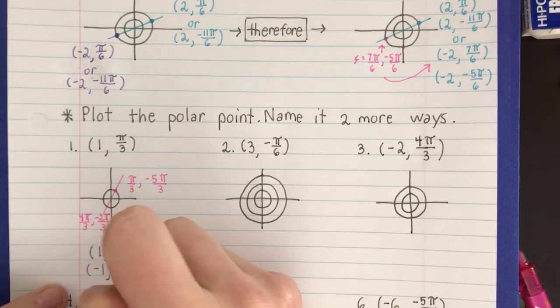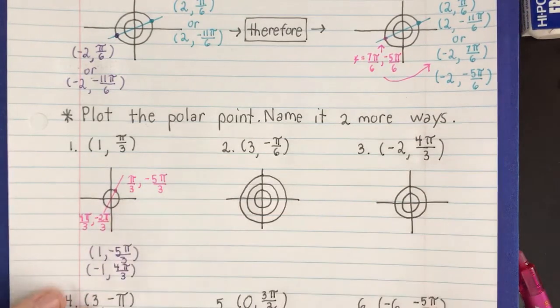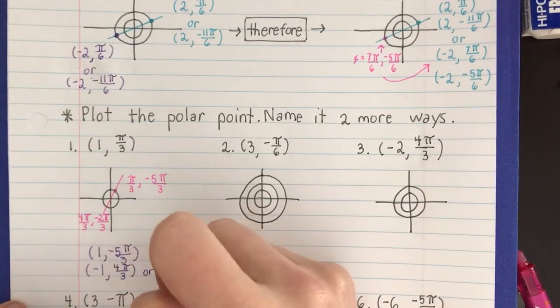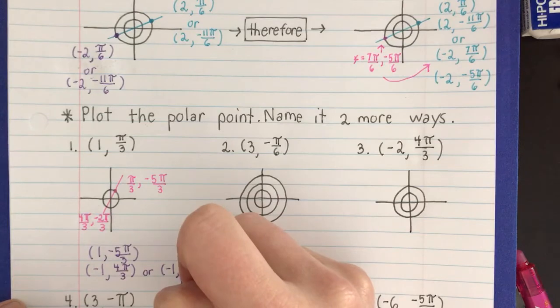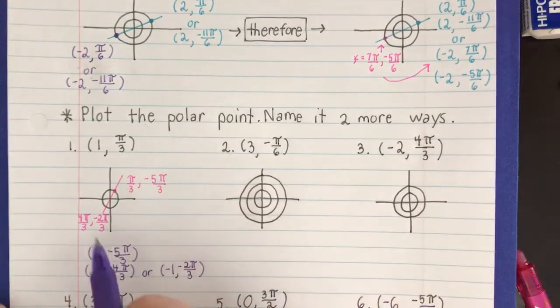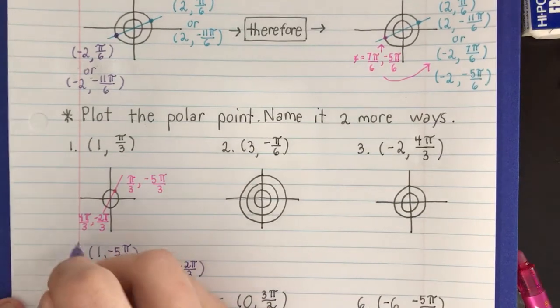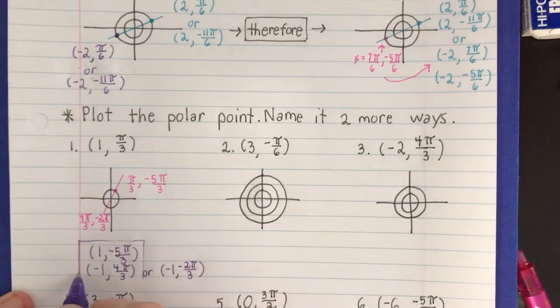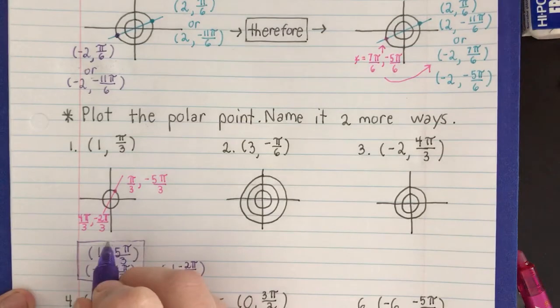So I'll just use the 4 pi over 3. But again, I'll go ahead and list both. Or negative 1, negative 2 pi over 3. So any of these 3 would work, but I'll just box these two because all it asked for was 2 more. Uh-oh, looks like I'm running out of purple.